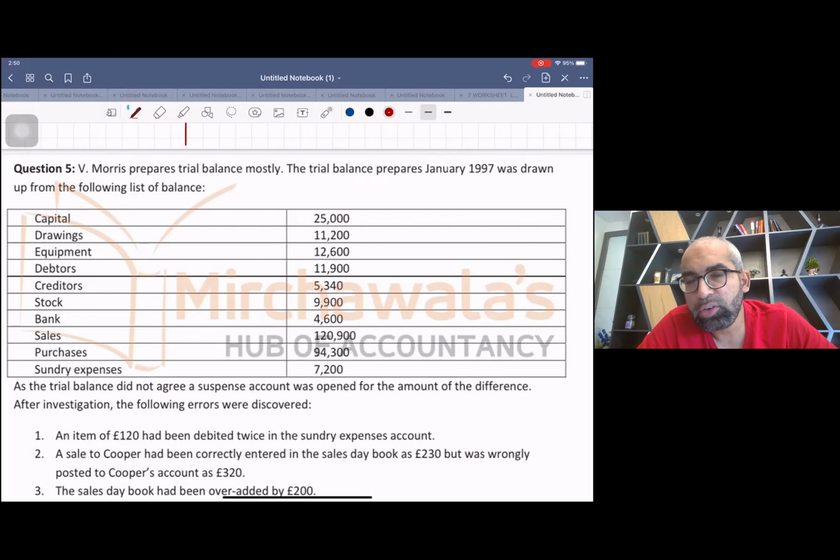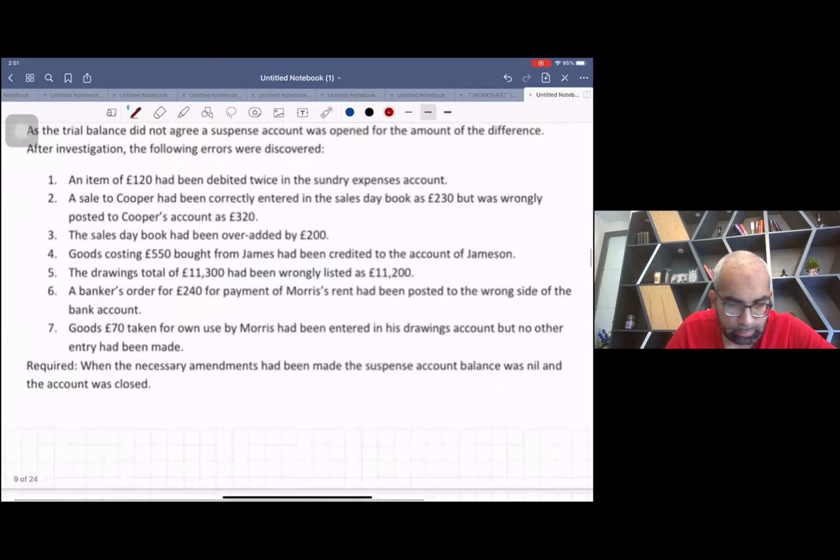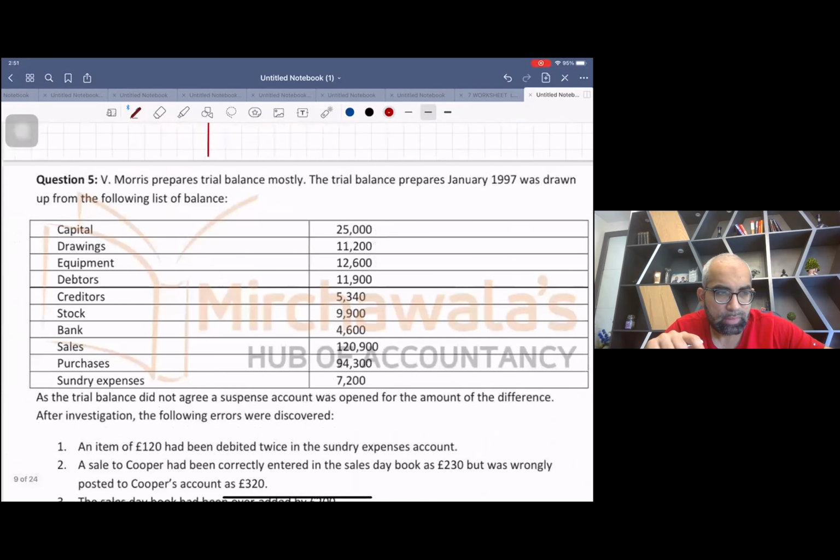I would request you all, if you have the exam kit, fine, but if you don't have my book, just take a picture of this, otherwise keep the question with you. By using these balances, I'm going to make the trial balance for you guys. Let me take a picture myself as well.